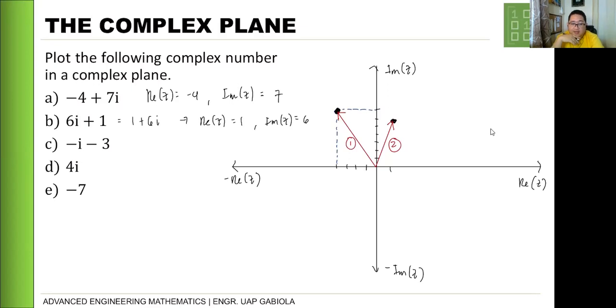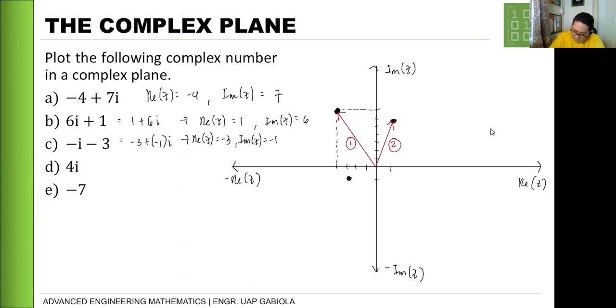Next, negative i minus 3. So, changing it to standard form, we have negative 3 plus negative 1i. Okay? So, our real number will be equals to negative 3 and our imaginary number will be equals to negative 1. So, negative 3 and then negative 1.